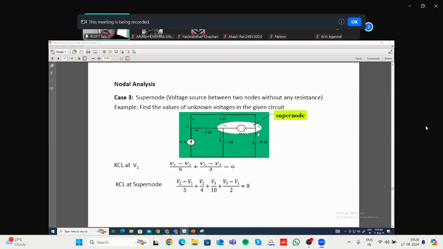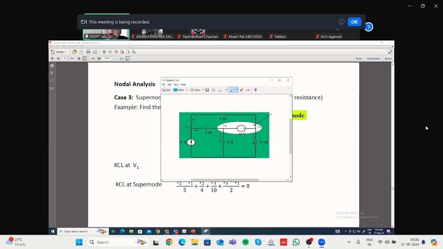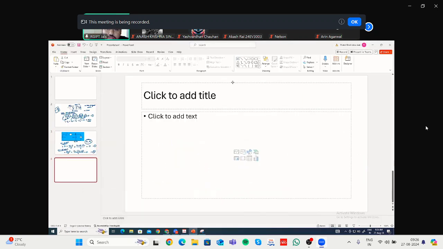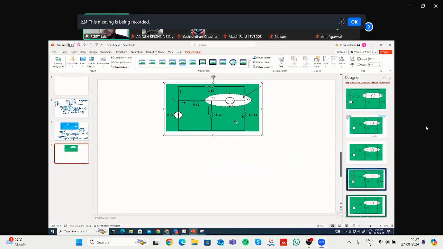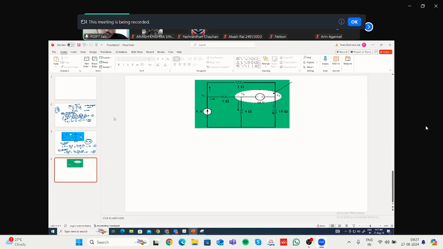As in our supermesh, where we temporarily removed the current source and made two meshes a single mesh, here also we will not consider the voltage source, and we will consider the second node and third node to be a unified node. So this we can consider as a node.